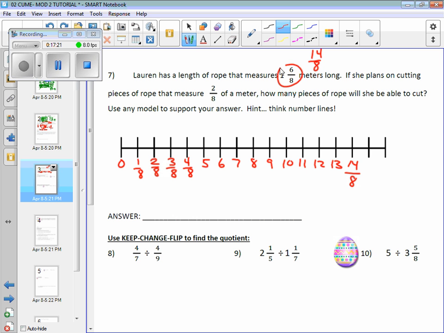I'm now going to take this fraction. This fraction tells me how to leap. I'm going to leap in leaps of 2/8. That's a leap of 2/8. That's another leap. And I'm going to keep going until I get to 14/8.